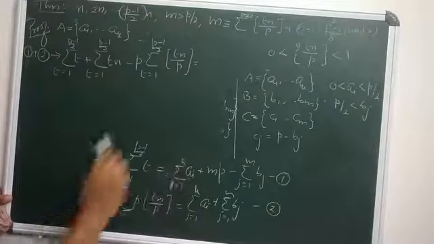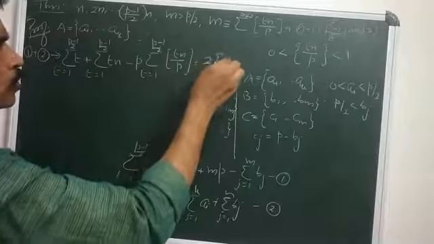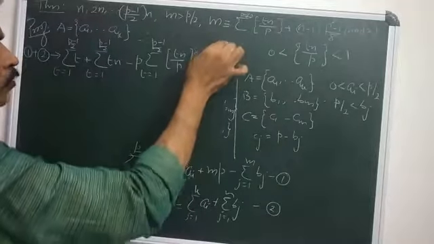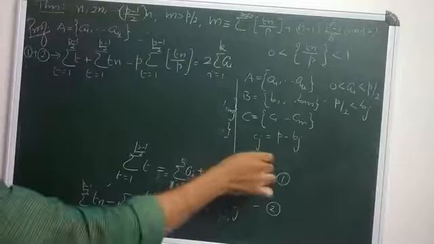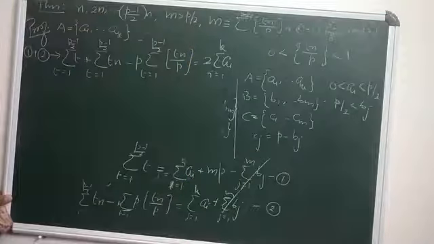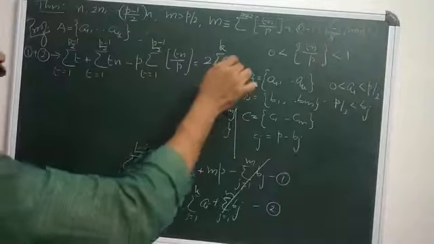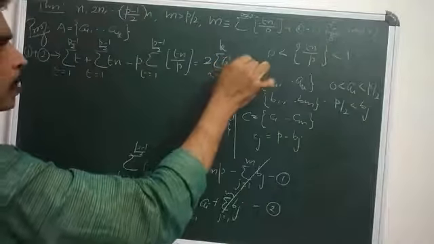Sigma Ai plus sigma Ai, it is 2 into sigma Ai, where I ranges from 1 to K, minus sigma J ranges from 1 to M of Bj, and these two terms cancel each other, plus PM or MP.